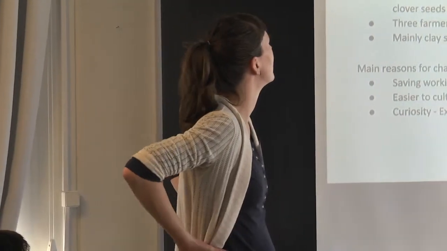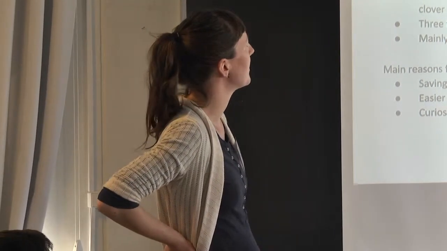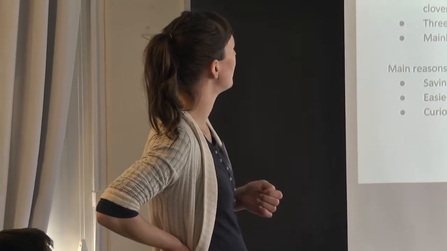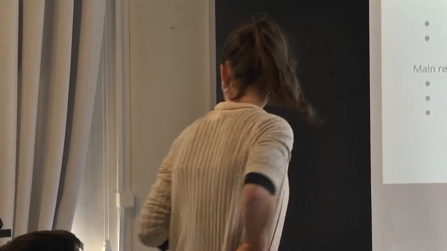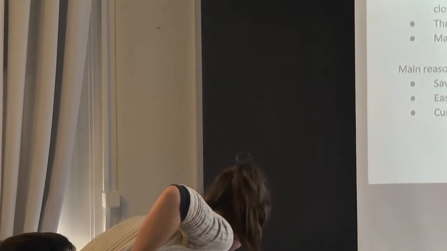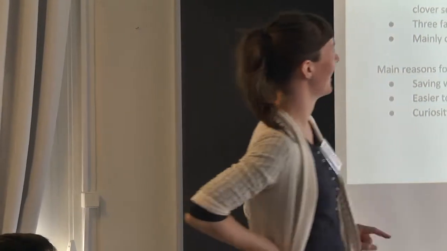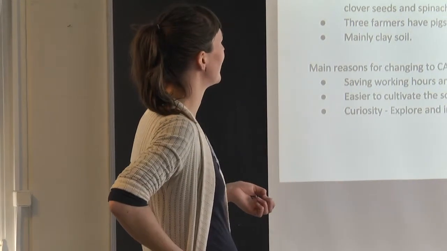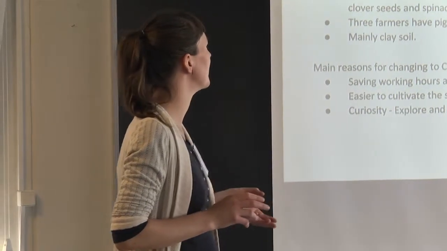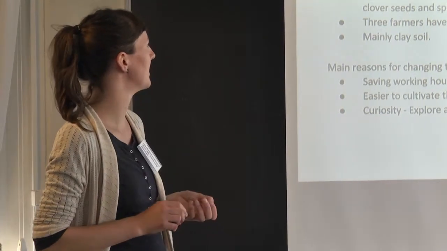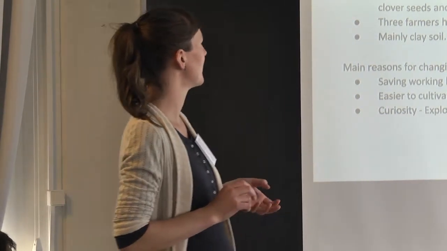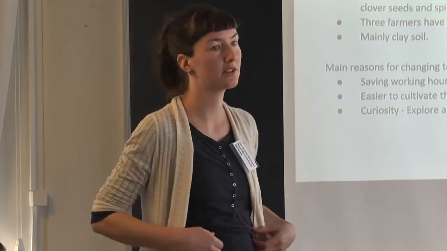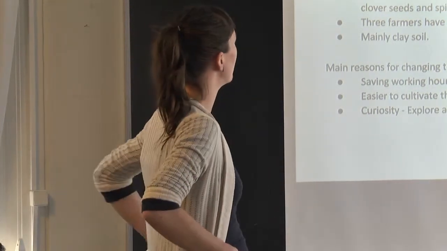They are 29 to 77 years old, but most are in their 50s, and they're all located in Zealand. The farms range from 83 to 800 hectares, but most of them are 200 to 300.